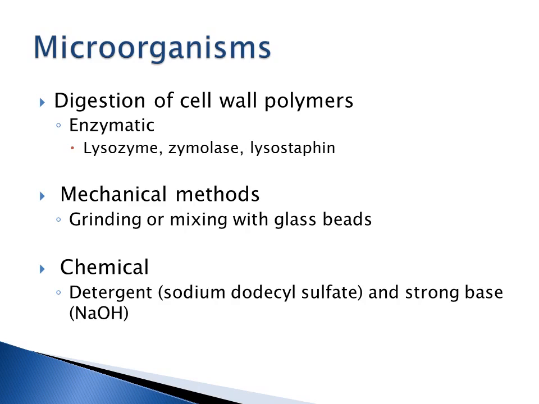For microorganisms, you're usually going to use enzymes such as lysozyme, zymolyase, and lysostaphin that help break open the cell wall, because the cell wall is very thick. You can also do grinding or mixing methods.